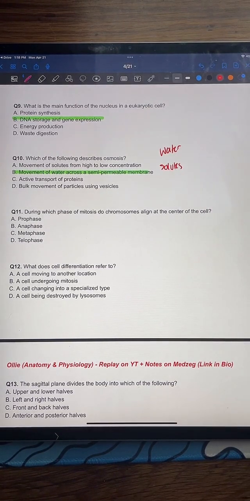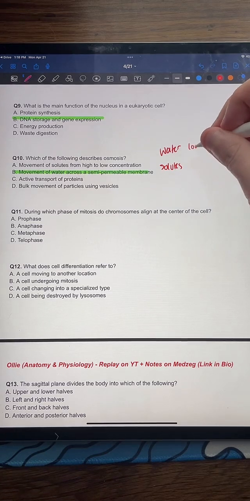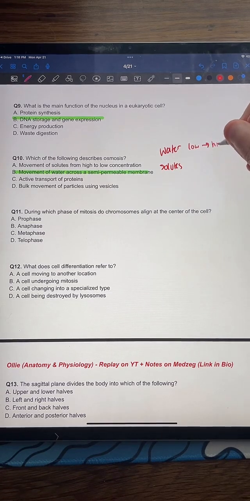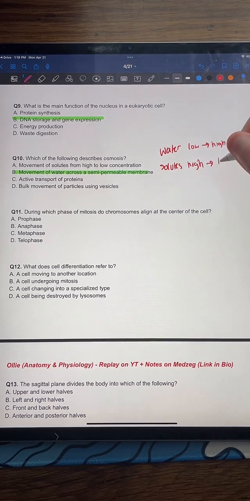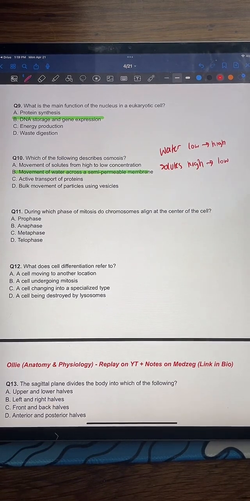Our water goes from low to high. Our solute goes from high to low. Remember, osmosis is the movement of water from low solute concentration to high solute concentration through a semi-permeable membrane, and the solutes move from high to low.